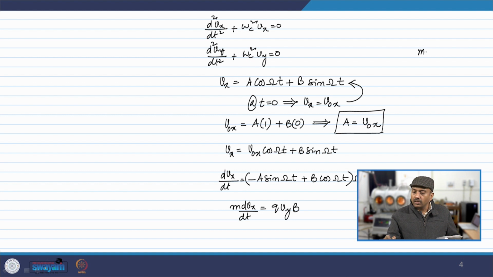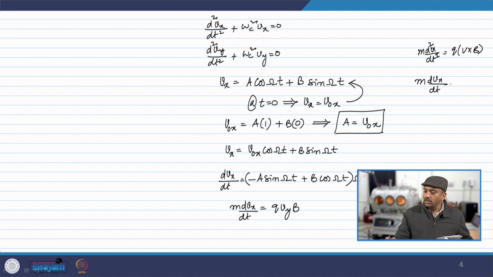force: m d square x by dt square is equal to q times v cross b. Right. So, this is where we actually started. Anyway, m dVx by dt, or simply m dV by dt, is q times v cross b, not Vx actually, v.